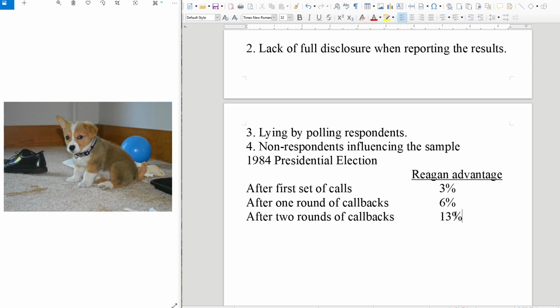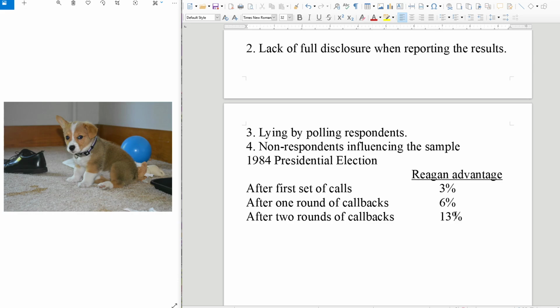Now, the way exit polling would work, and pretty much the way it still works, is they do a multi-stage sample where they have all the precincts in a particular state, and then they will randomly select certain precincts to send their pollsters to. What they were told in 1968 was that they were supposed to stop every 5th person who came out of the polling place.